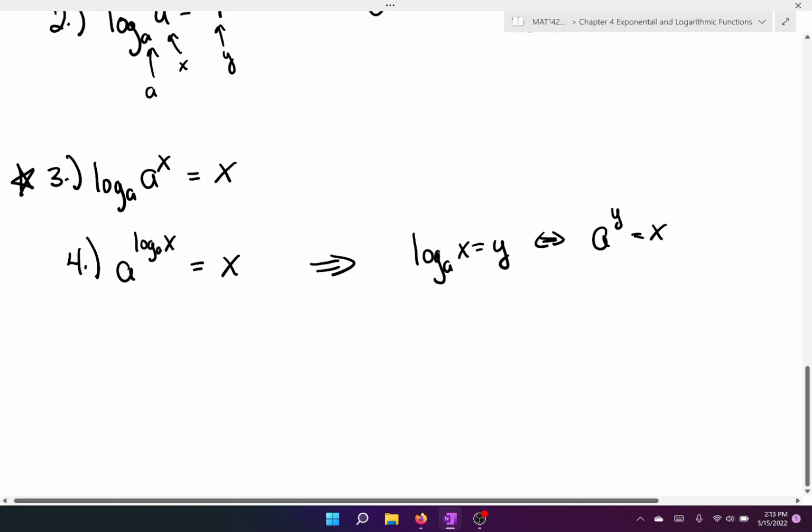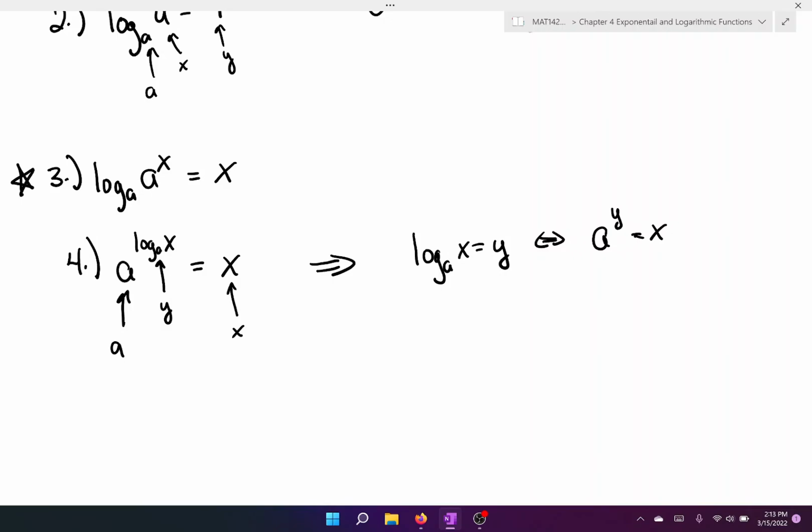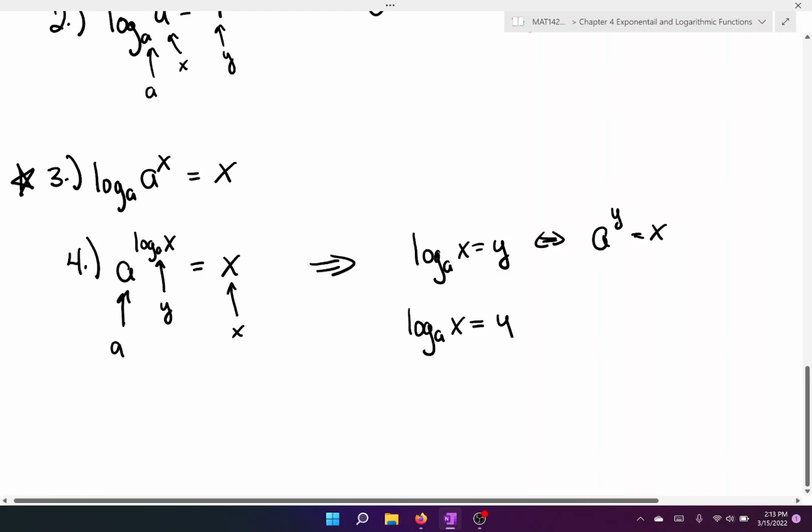So in this situation, let's say, for example, number 4, here's your a, there's your y, and obviously this is your x. So this is an exponential form, but if I write it in logarithmic form, I'm going to get log base a of x equals, oops, sorry, wrong variable.